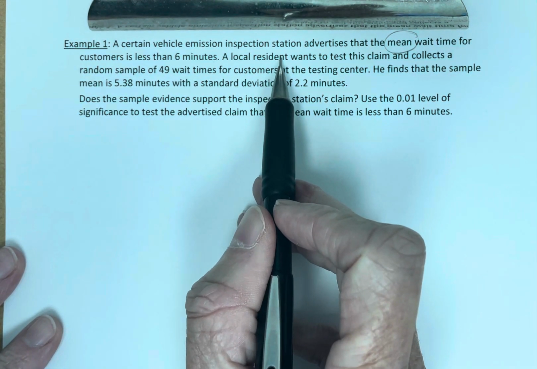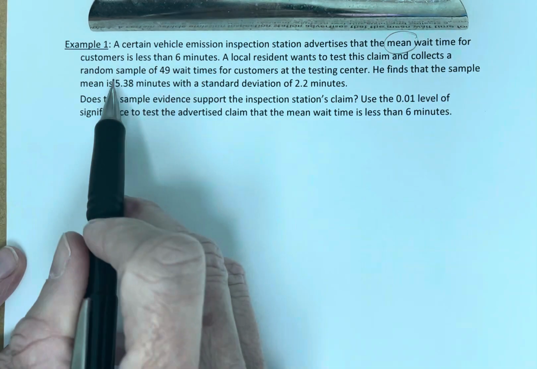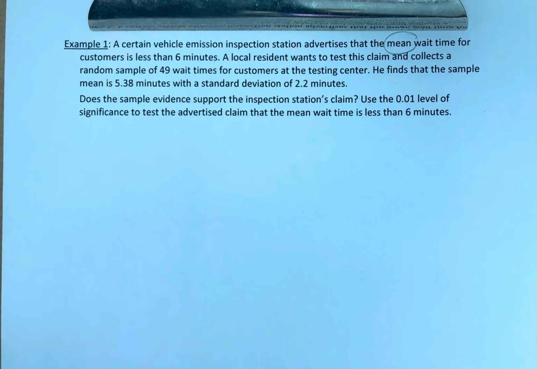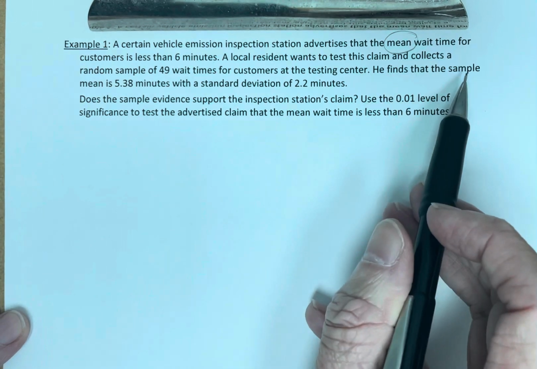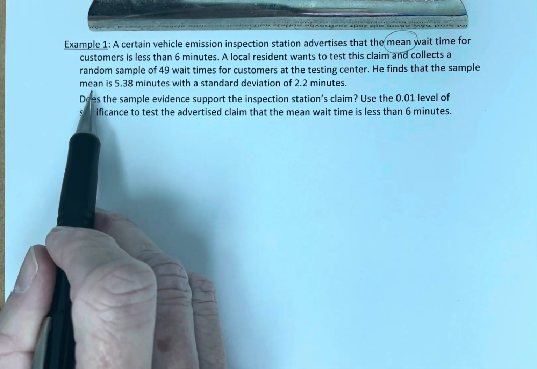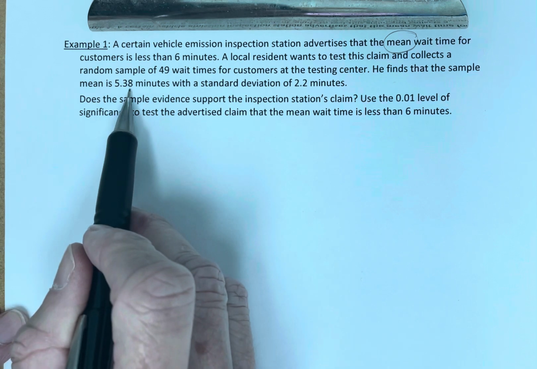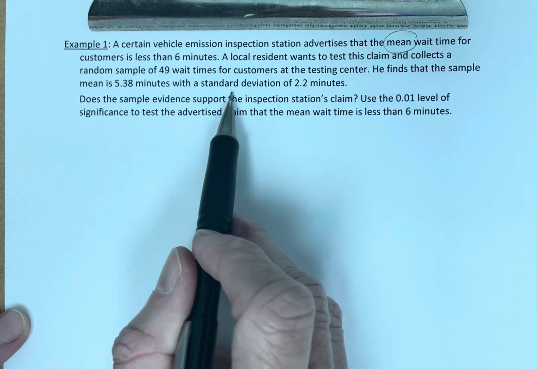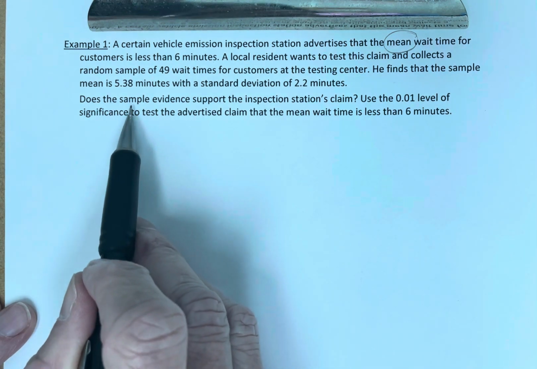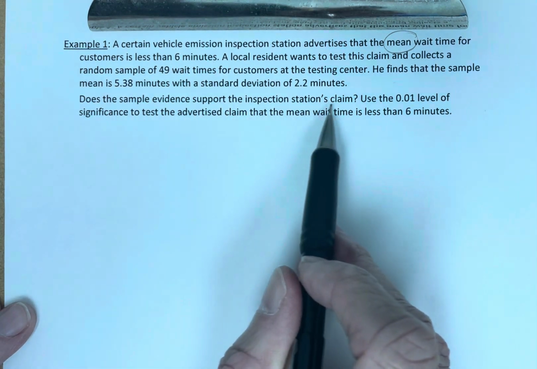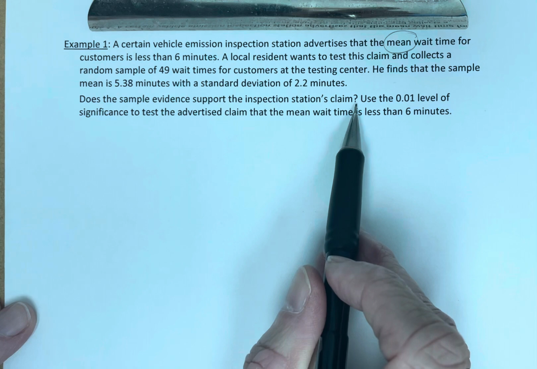A local resident wants to test this claim and collects a random sample of 49 wait times for customers at the testing center. He finds that the sample mean, again another use of the word mean, is 5.38 minutes with a standard deviation of 2.2 minutes. Does the sample evidence support the inspection station's claim?